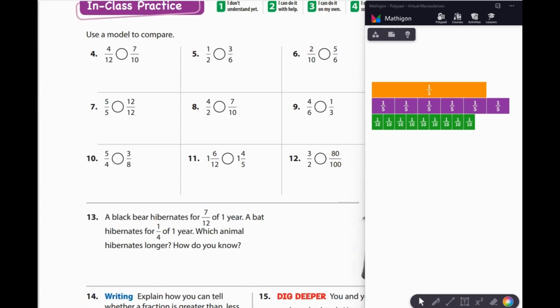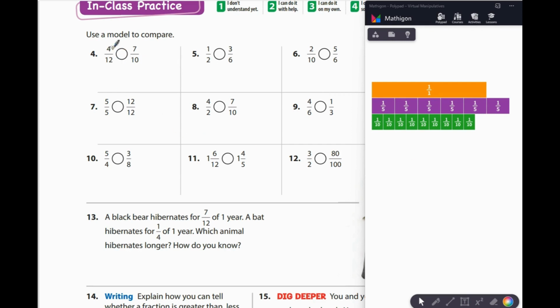All right. So we can use cross multiplication. We can use fraction tiles. We can use a lot of different strategies to help us determine if the fraction is greater than or less than, or if it's equal to. So let's look at number 4.